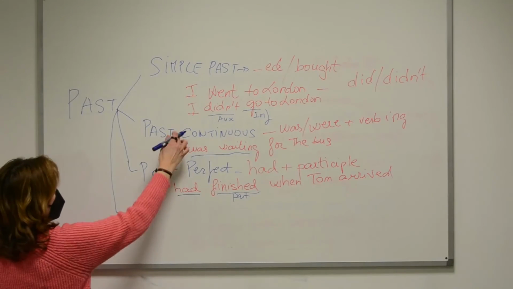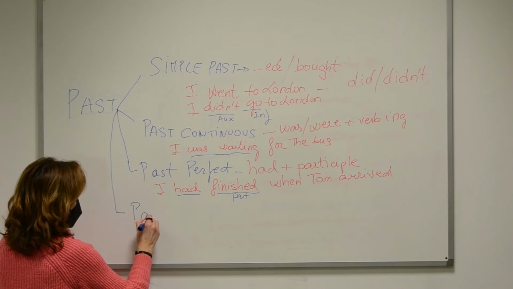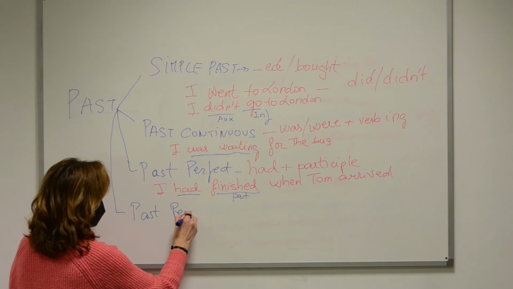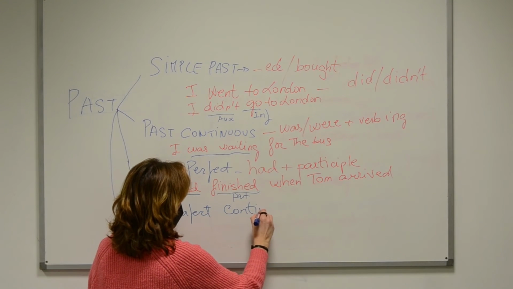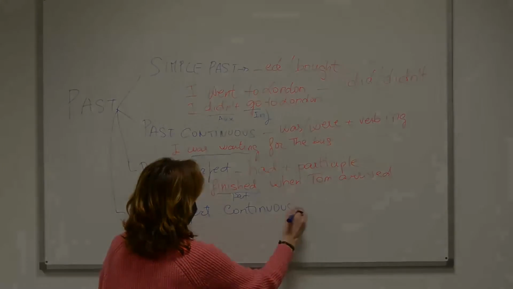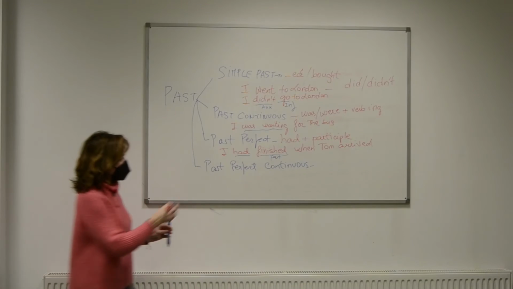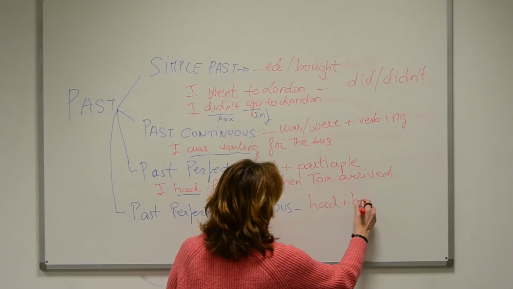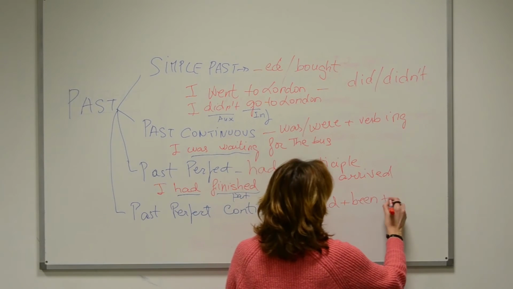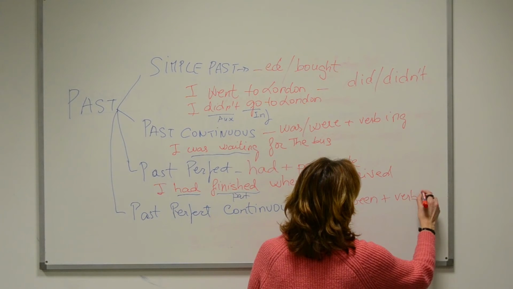And the last one should be a mixture of these both: past perfect continuous. This past perfect continuous is had plus been plus verb with ing.